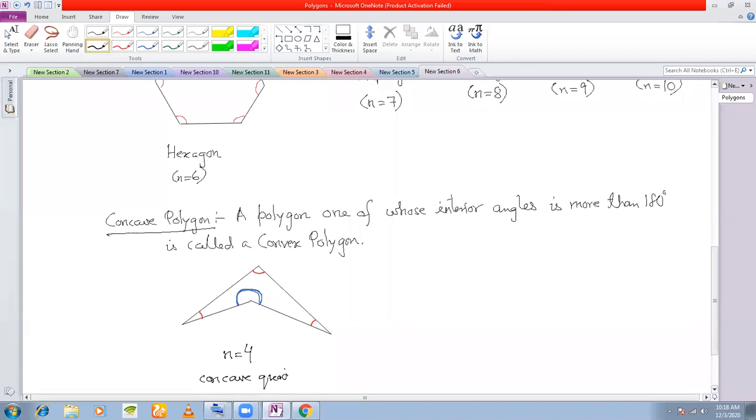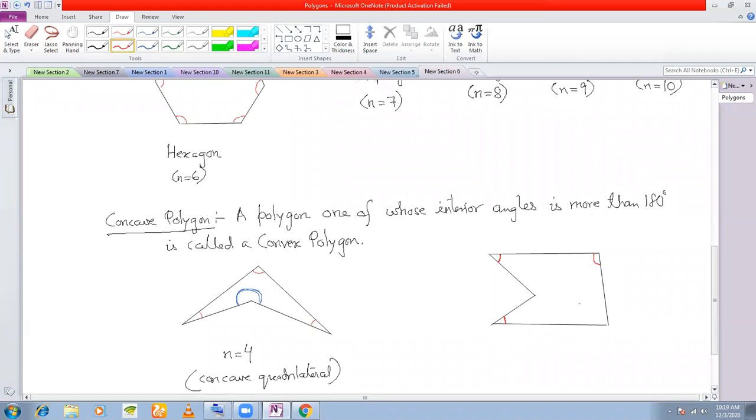Understood? Because there are 4 sides, this is a concave quadrilateral. Clear? Next. Look at this polygon. All the angles here are less than 180. This is less than 180.